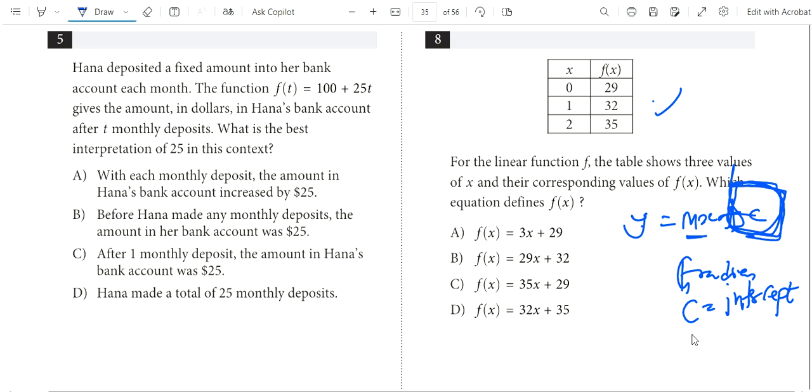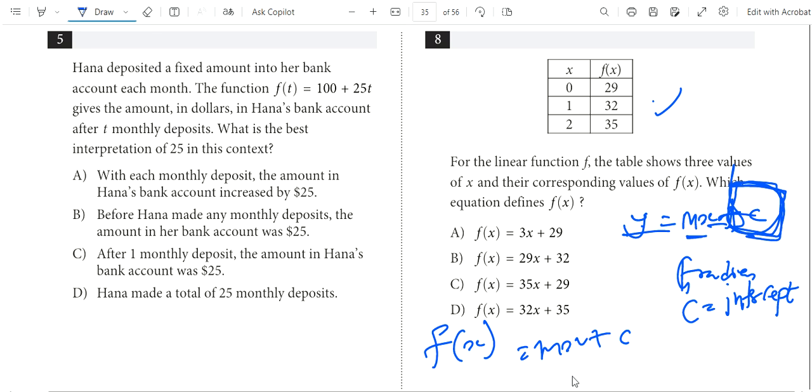Y and x are just the variables themselves. So y can also be written as the function itself, so f of x equal mx plus c. Alright, so I need to find my gradient.